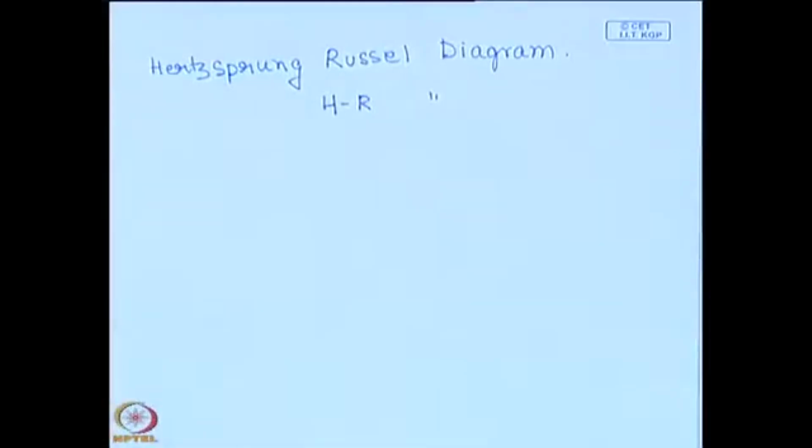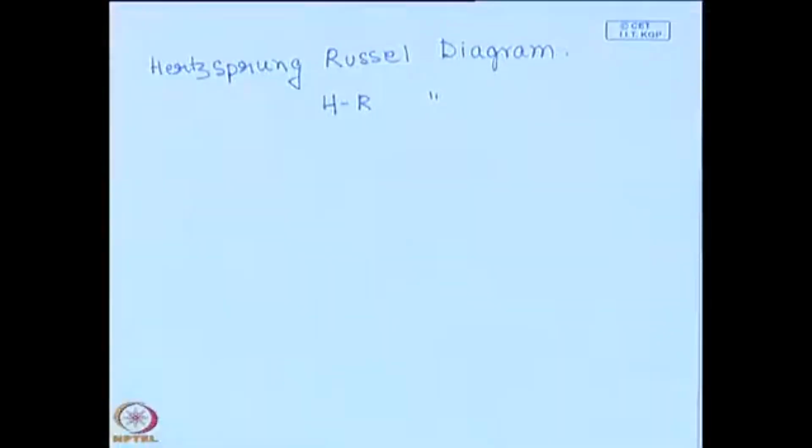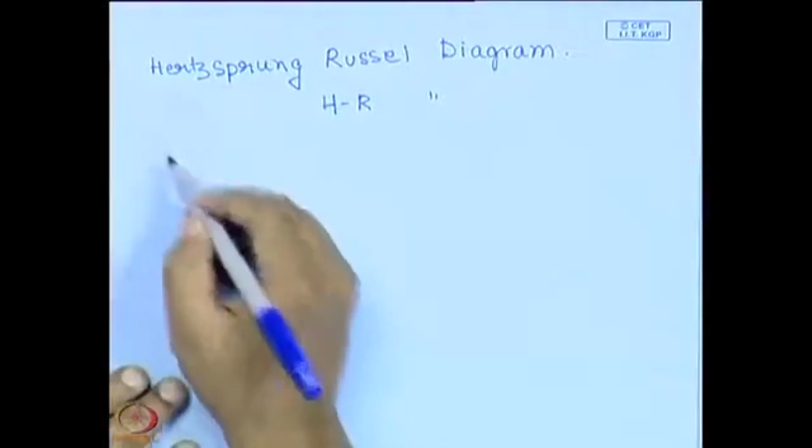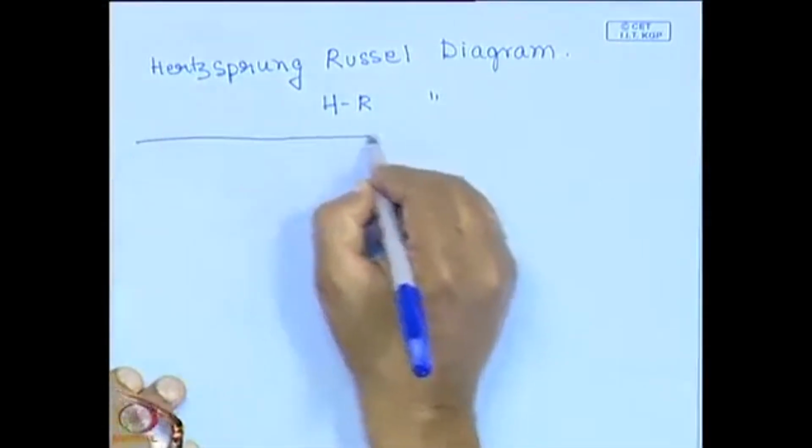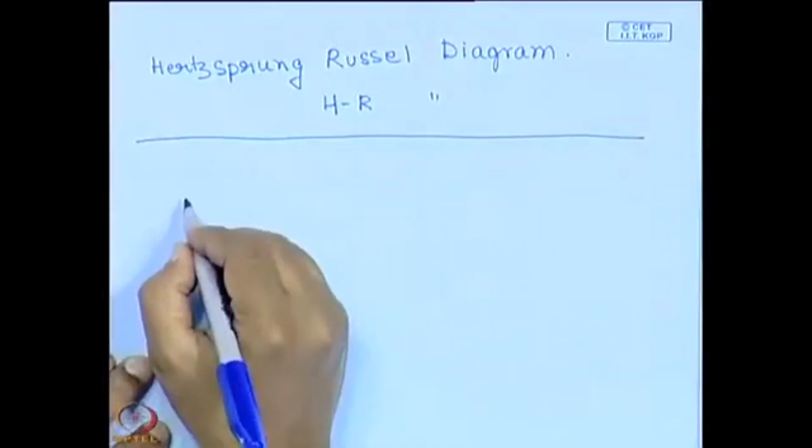And the HR diagram is one of the most useful methods for understanding stars and looking at stars. In this HR diagram, what is plotted in principle is as follows.